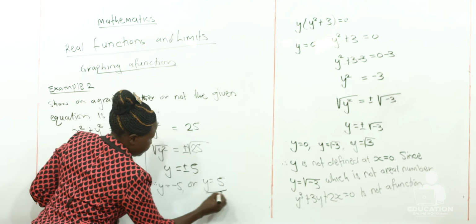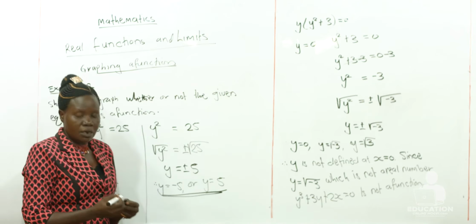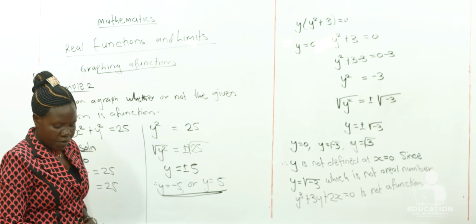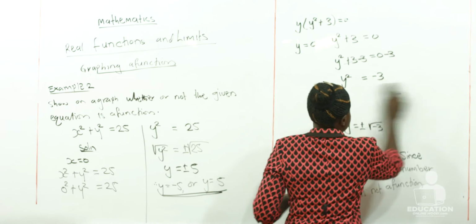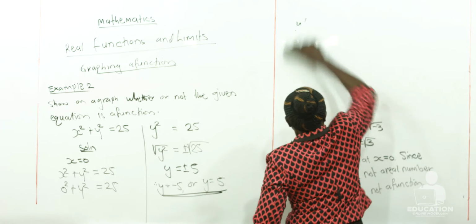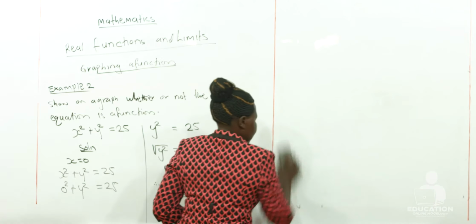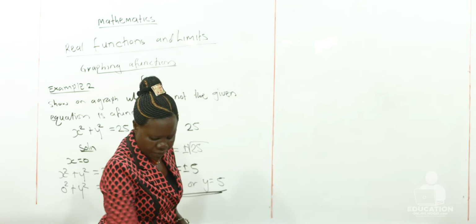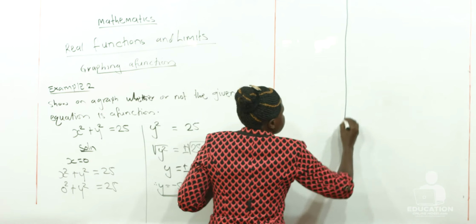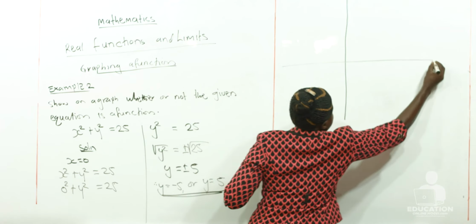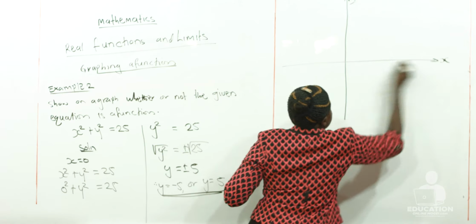So from here, we automatically see that one x value gives two y values, and therefore it is not a true function. So that equation is not a function, and if we are asked to represent it on the graph, you will have our graph. This is the y-axis and this is the x-axis.